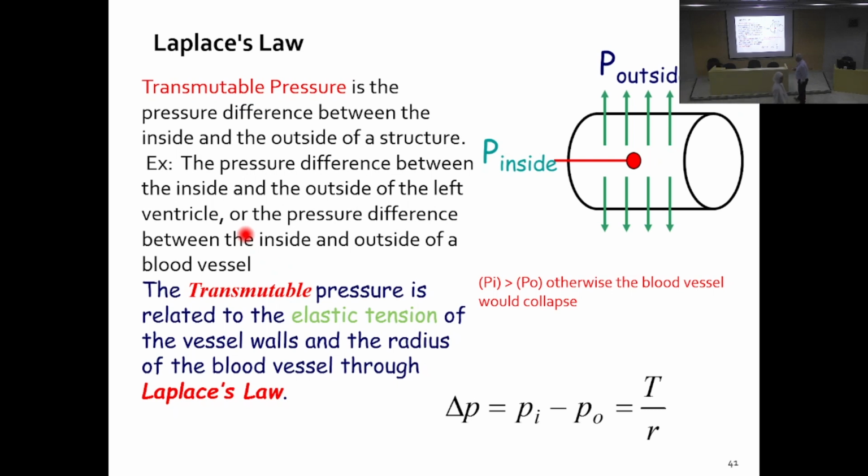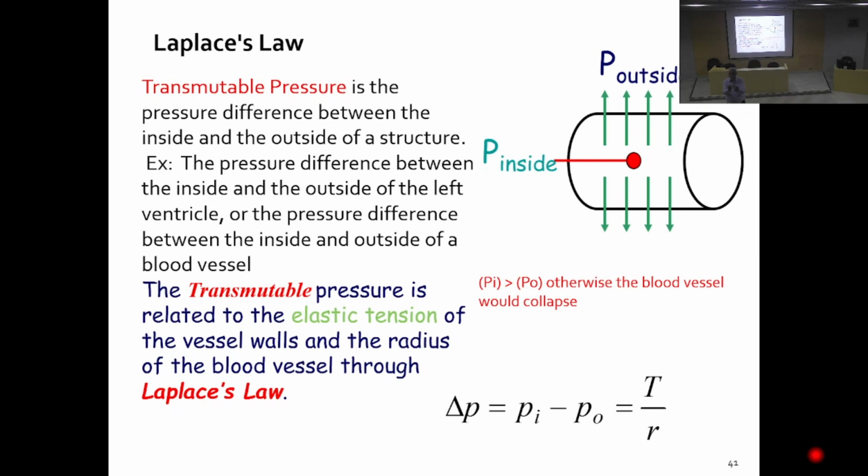So the transmural pressure is related to the tension of the walls and to the radius through Laplace's law. It is related to elastic tension. What does elastic mean? It means pulled and coming back.